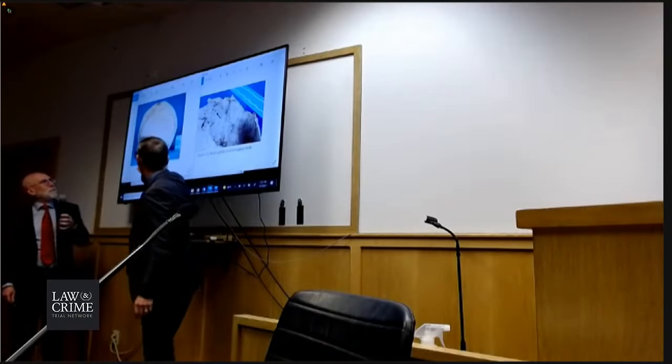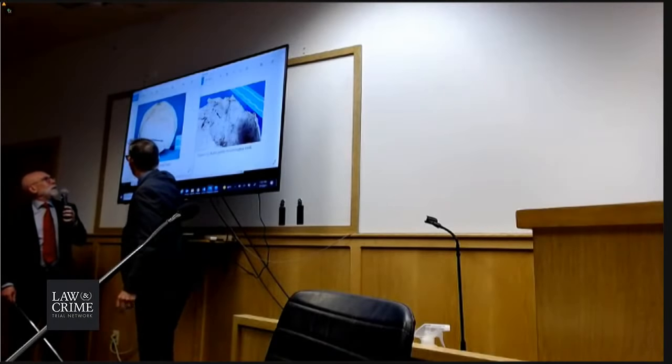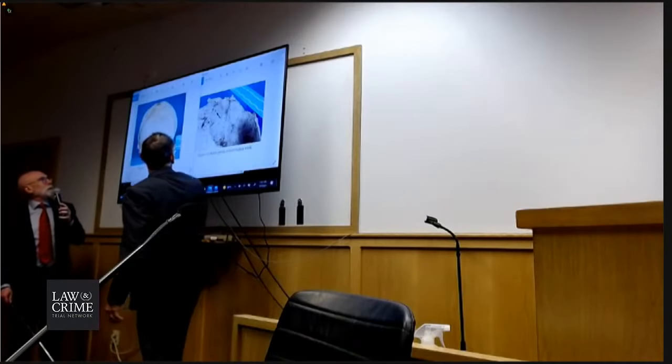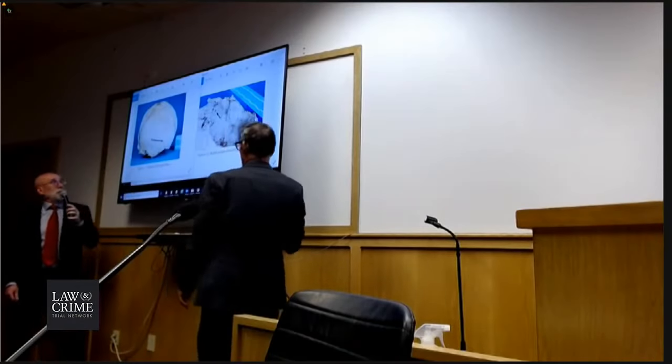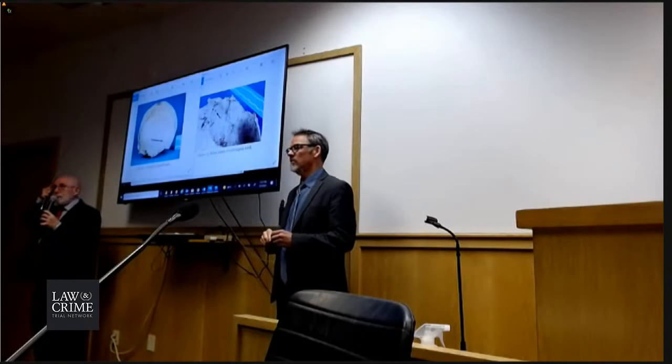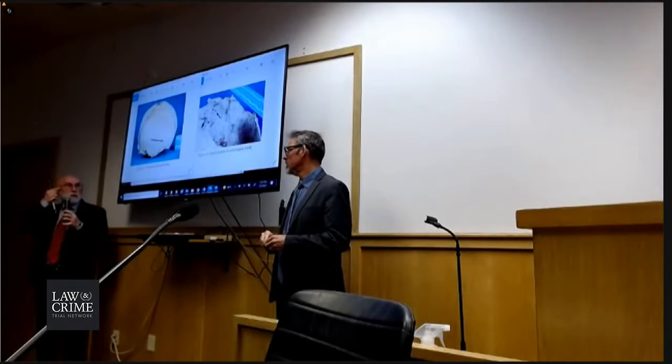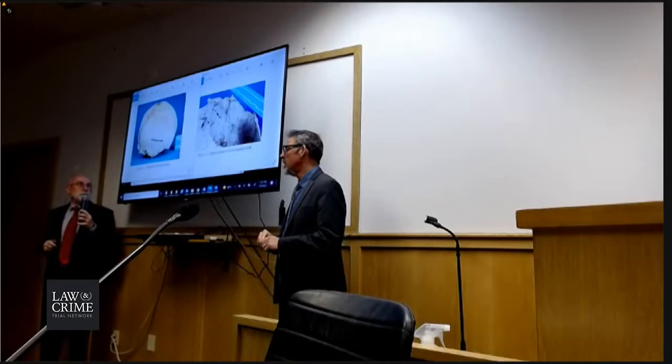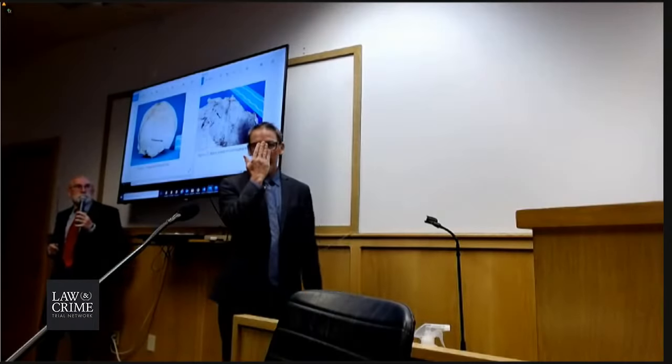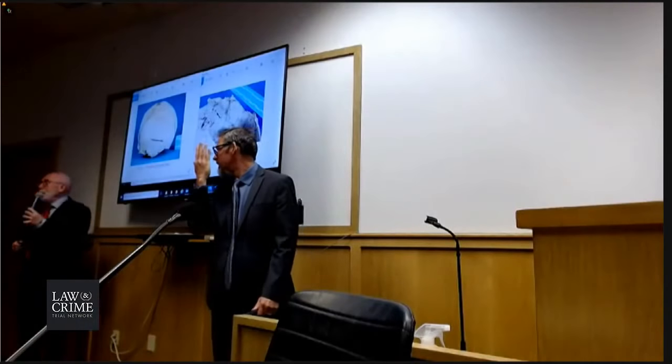Please explain to the jury what this process is right here and what it connects to on a healthy cranium. So that's the anterior portion of the zygomatic arch. And so it goes back and forth between the two. And part of it's broken away. And when you say anterior, you mean towards the front, right? That's correct.